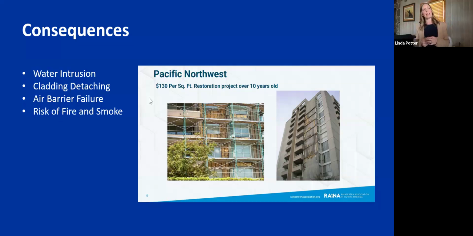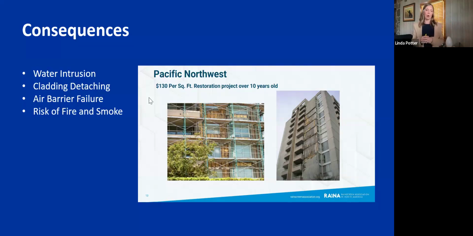What happens that we want to avoid is the consequences of not having these standard details that you can point to. We have things like water intrusion, cladding detaching, air barrier failures, the risk of fire and smoke that we're thinking about if we don't put these components together in the right order, or by thinking about the materials that are adjacent of those materials.